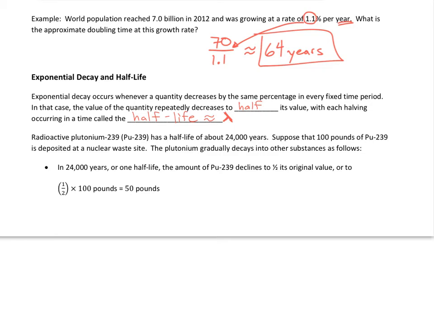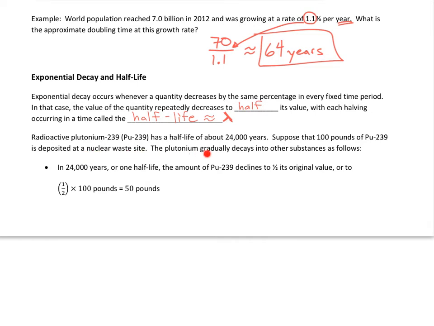So, the very first thing, just a few explanations. Radioactive plutonium-239, Pu-239, has a half-life of about 24,000 years. Suppose that 100 pounds of plutonium-239 is deposited at a nuclear waste site.